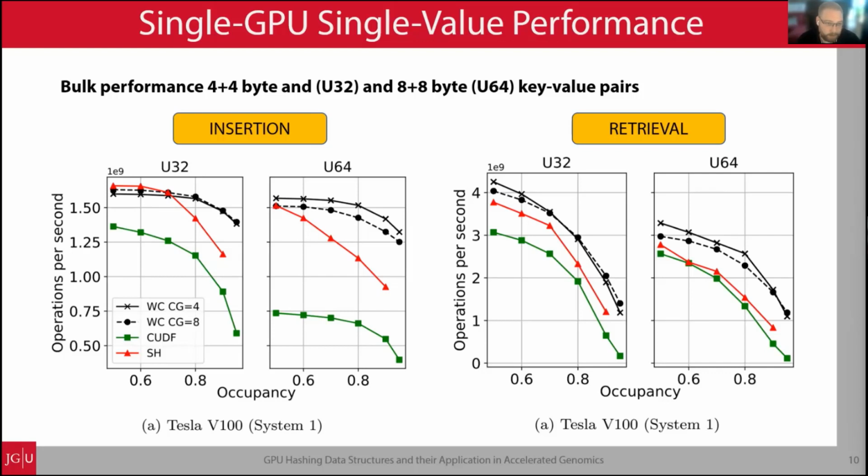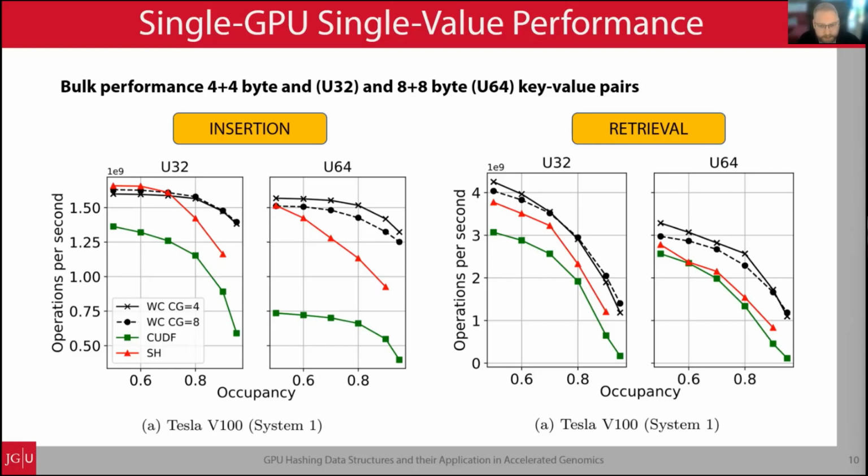The insertion step is shown on the left, and on the right, we query the same set of keys against the table and retrieve their corresponding values and report the resulting throughput for a specific target occupancy, also called storage density. The 2 black lines in each plot correspond to WarpCore, where the distinction between these 2 lines is the size of the cooperative group used during probing, 4 or 8 here.